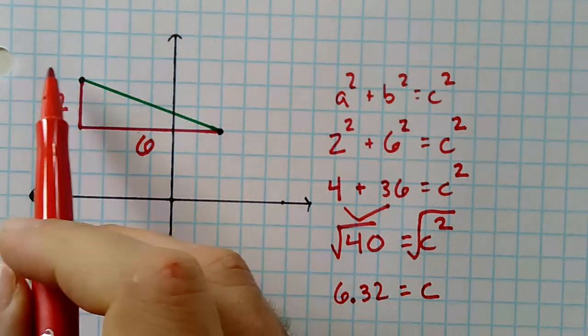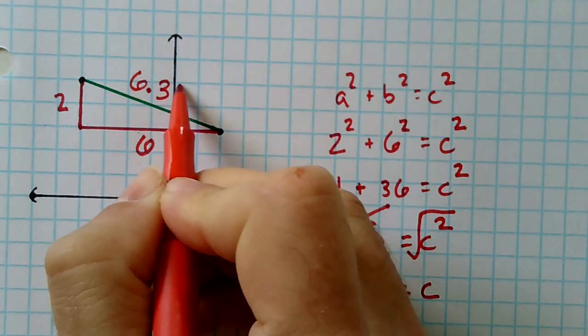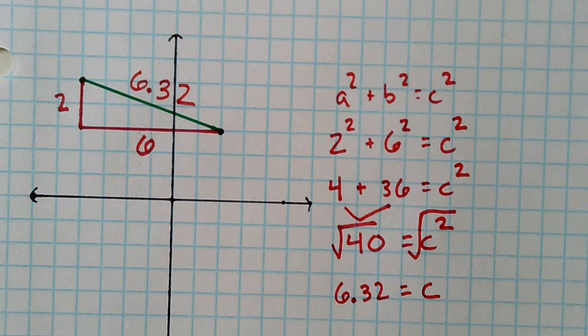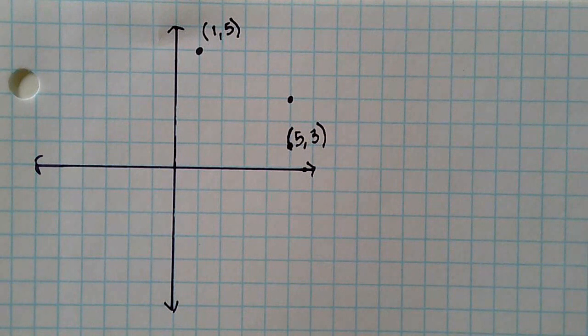So the distance between our 2 points is 6.32. That is finding the distance between 2 points using a graph. Now let's look at what you do if we have no graph. We'll start with the graph to illustrate the point, but we'll do our best to go away from it.